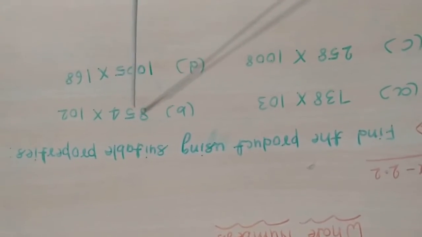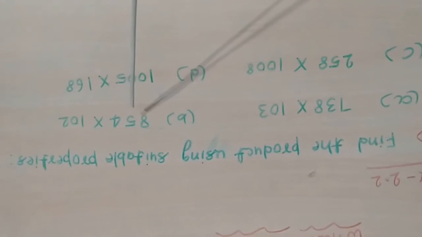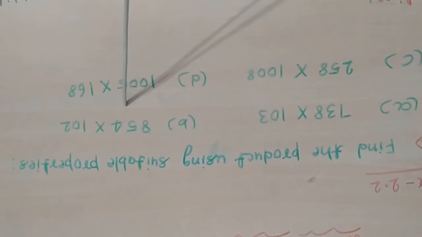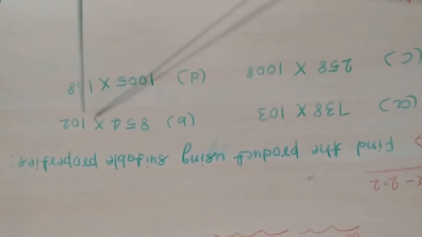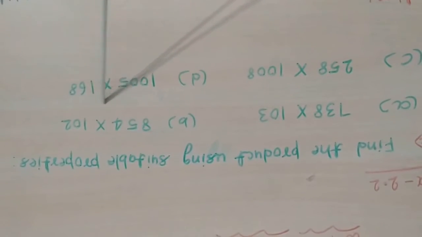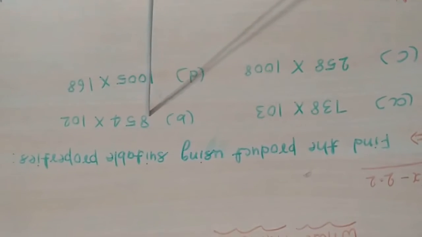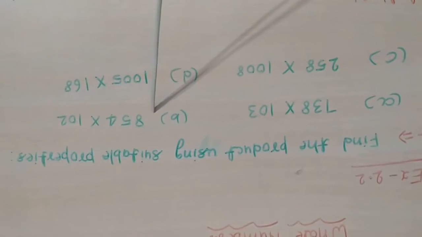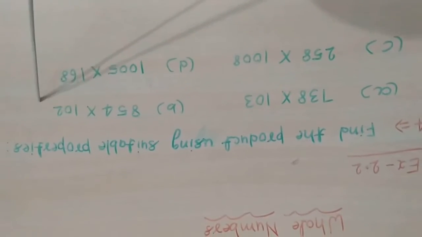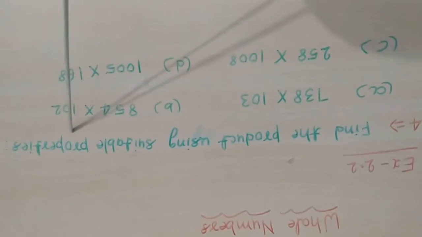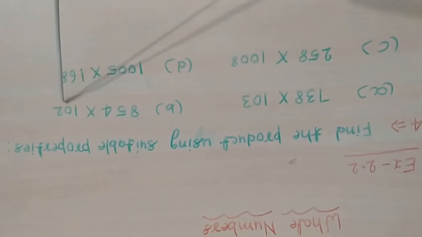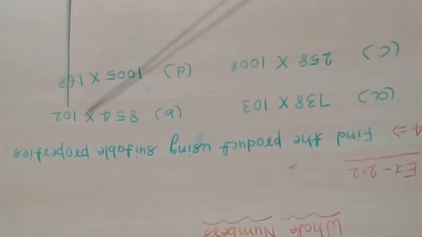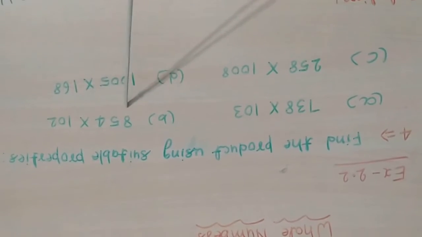If you break 854 into 800 plus 54, then you multiply 54 into 102 and 800 into 102, which is so difficult. So we break 102 in the form of 100 plus 2.